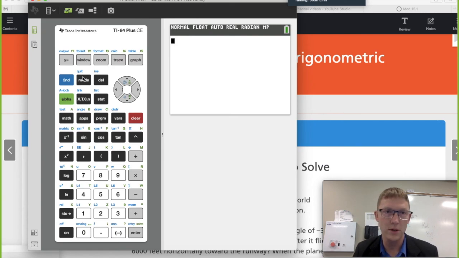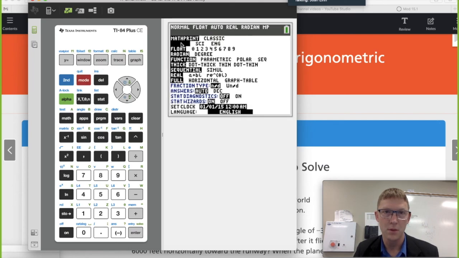So if you come up here to the mode button, if you push the mode button, you've got the radian or degree. Whichever one is highlighted is the mode your calculator is in. So we're going to just use the arrow keys. We're going to push enter to make degree highlighted, and then you are good to go.